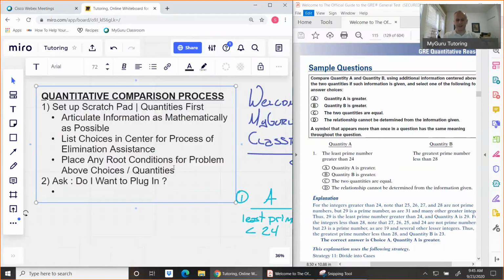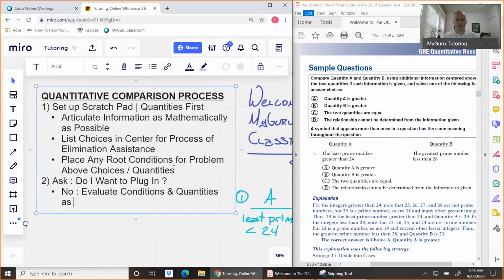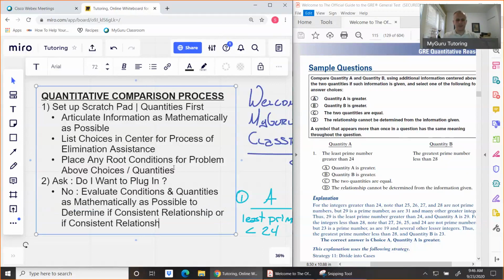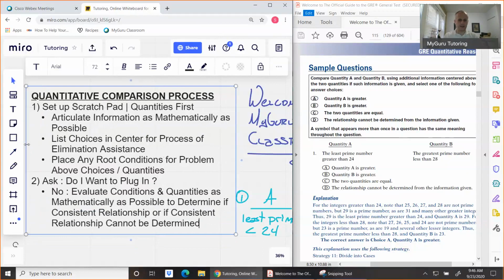And the default answer here, we want to be no. And if the answer is no, then you just want to evaluate the mathematical conditions and the quantities as mathematically as possible to determine if there's a consistent relationship or if a consistent relationship cannot be determined.